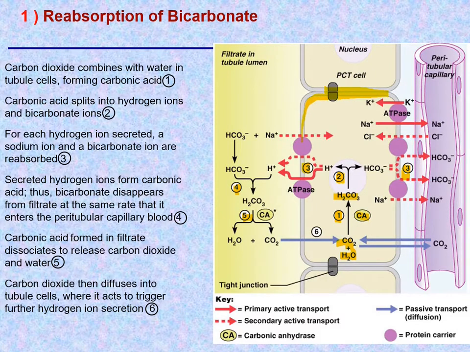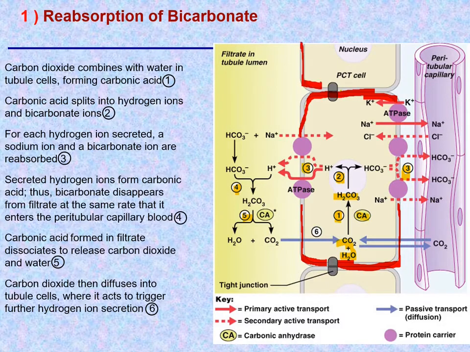I'm going to draw it differently. These are cells that are lining the tubular space. So this is the outline of the proximal convoluted tubule cell lining the space.